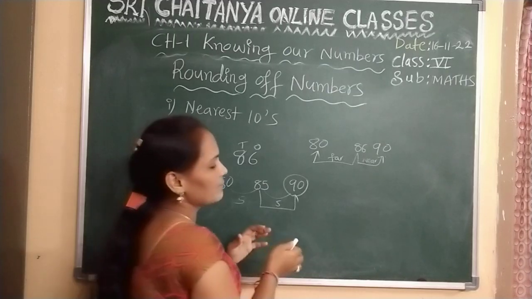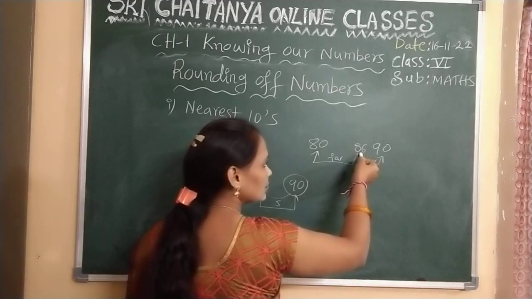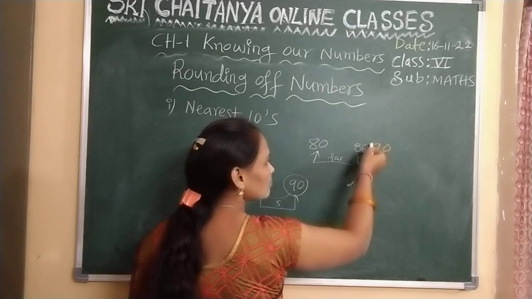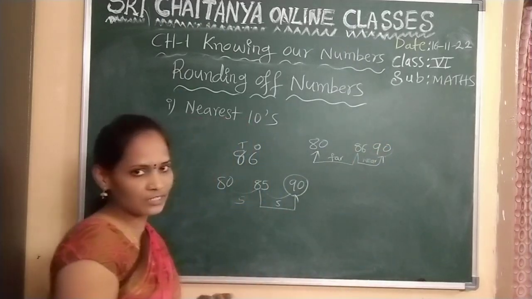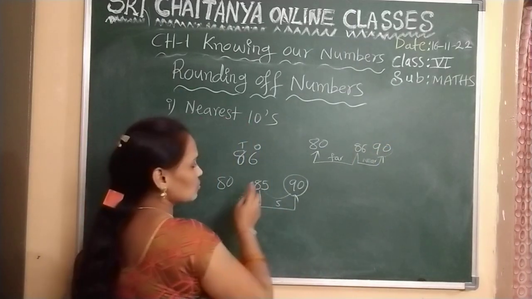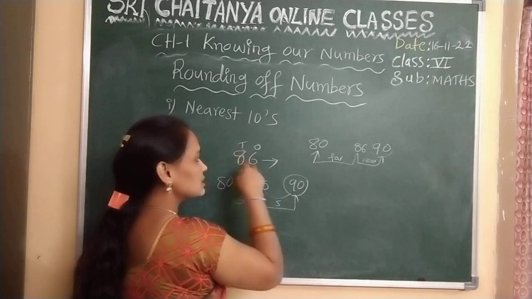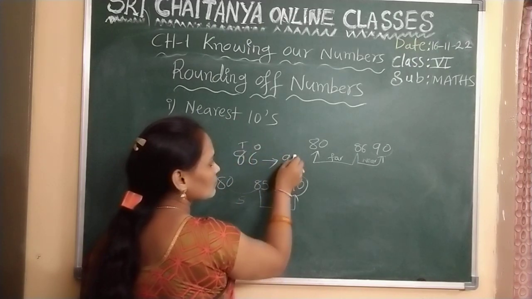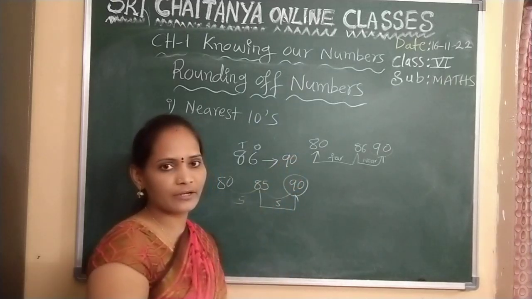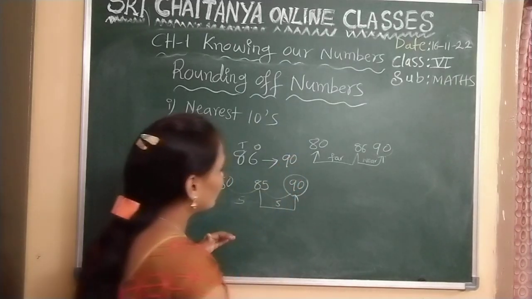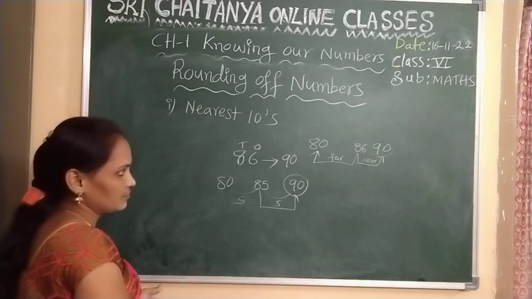Like that you can compare. So wherever the nearest number is there, that number only we consider for rounding. So what is the rounding of number 86? Its nearest tens is 90 we can take. Okay, this is about the tens.